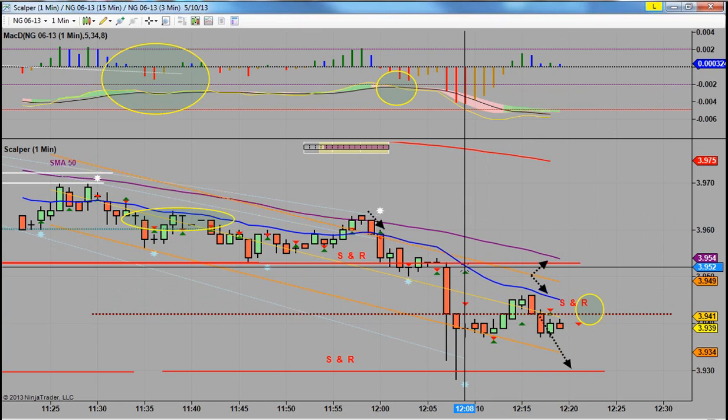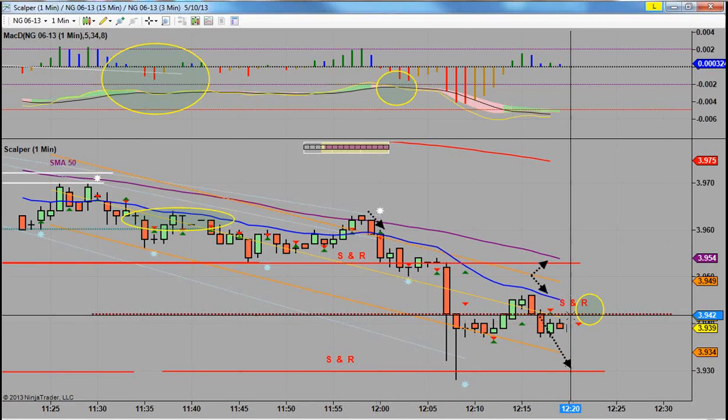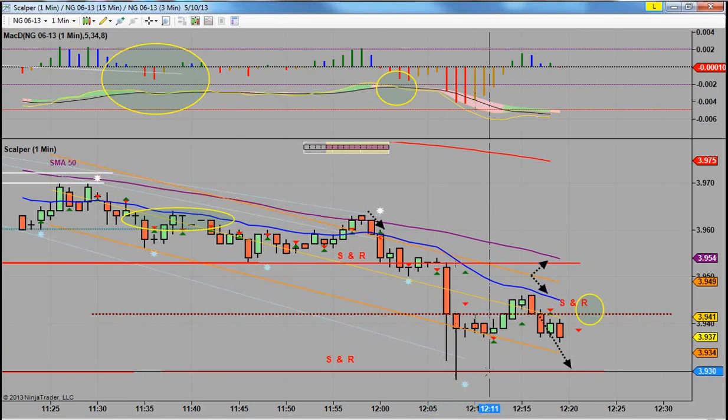And when this is showing like it does, you can project that we'll likely go short. And we may not go all the way here, so you take what you are comfortable with.